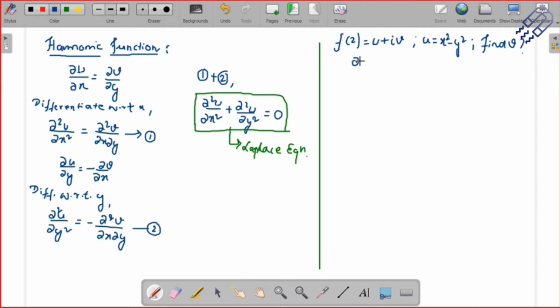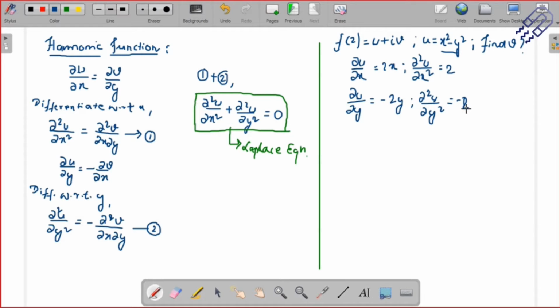For that, it's very simple now. Del u del x is equal to 2x. That means del square u del x square. So this is u, my function. I take del x of x square minus y square, which is 2x, and del x of del u del x is nothing but del x of 2x, which is equal to 2, right? And then I can take del u del y is equal to minus 2y, and del square u del y square is equal to minus 2.